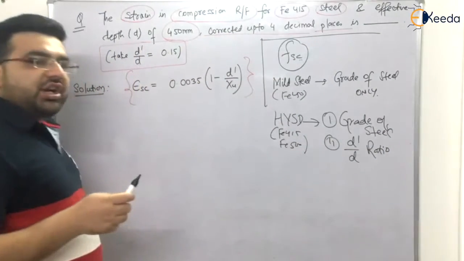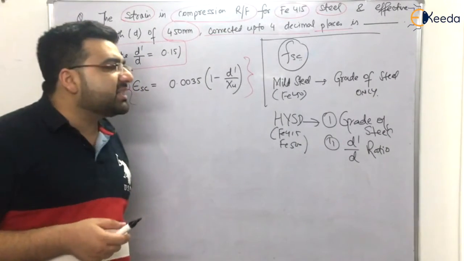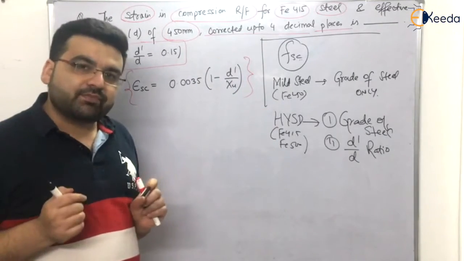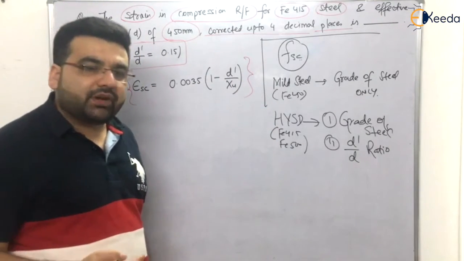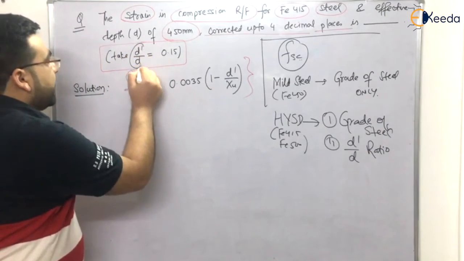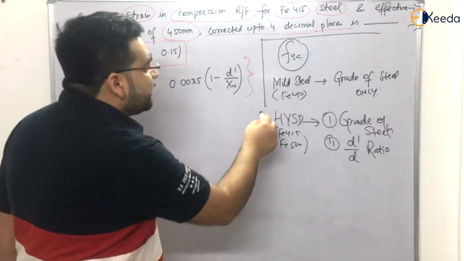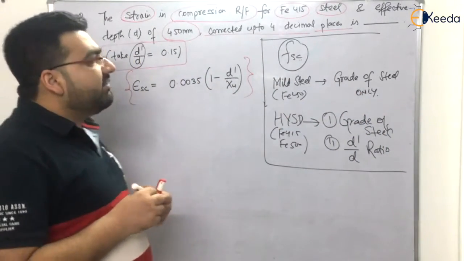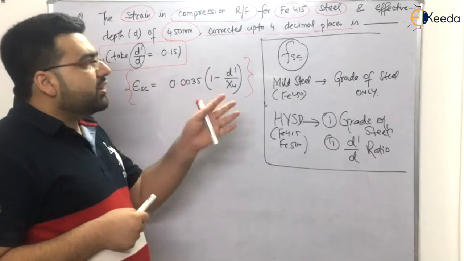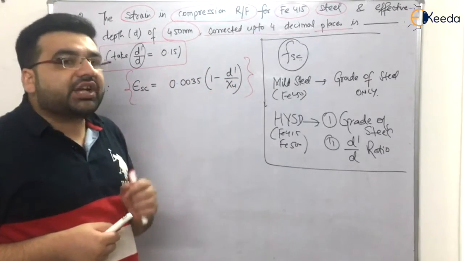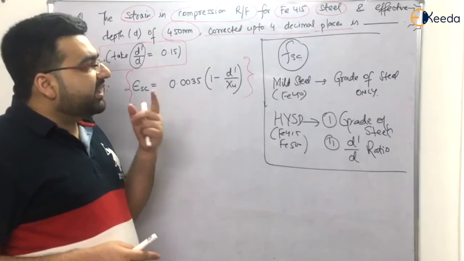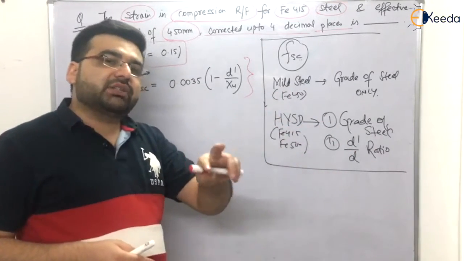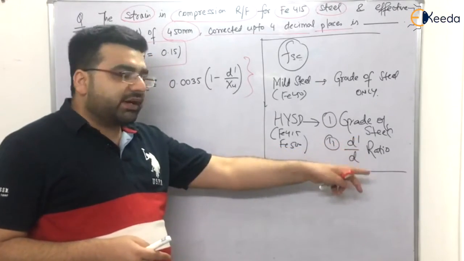So what is d dash? D dash is the distance between the center of compressive reinforcement and the uppermost compression fiber. And d is the effective depth, right? In this question, d dash upon d is given to you. Why did I tell you this? Because this question has been asked in many competitive examinations: the stress in compressive steel in a doubly reinforced section depends on number 1, grade of steel only; number 2, grade of steel as well as grade of concrete; number 3, grade of steel as well as the d dash by d ratio, and so on.